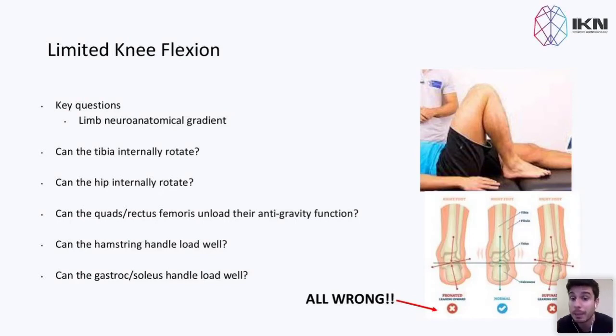Now, what obviously needs to happen here is that the distal portion of the rectus femoris and the quadriceps need to be able to eccentrically contract, right, or lengthen. Okay, they need to be able to relax, because if these muscles here are always holding a lot of concentric activity, then that might reduce the capacity of the tibia to be able to internally rotate.